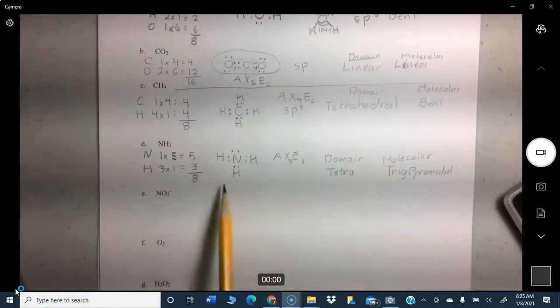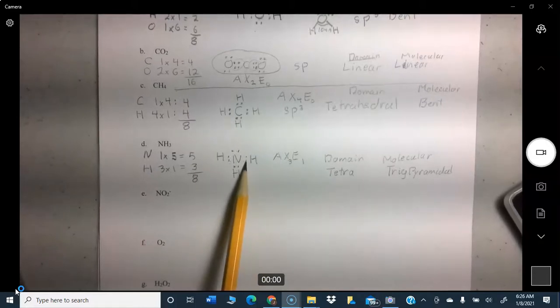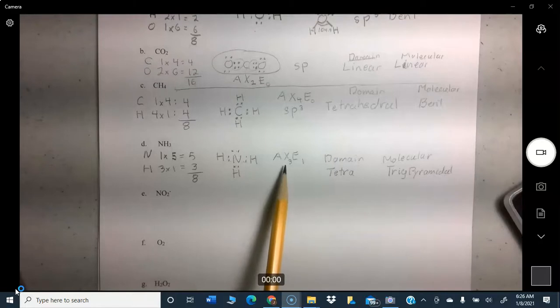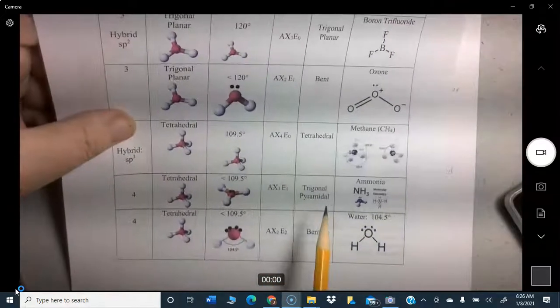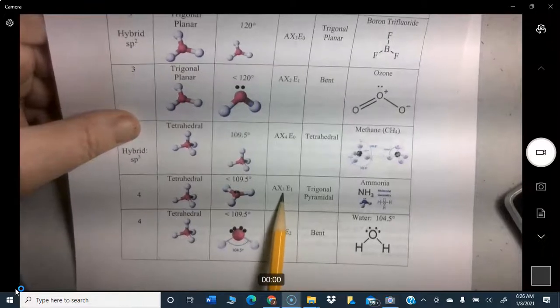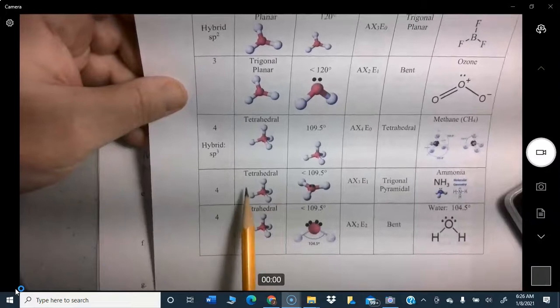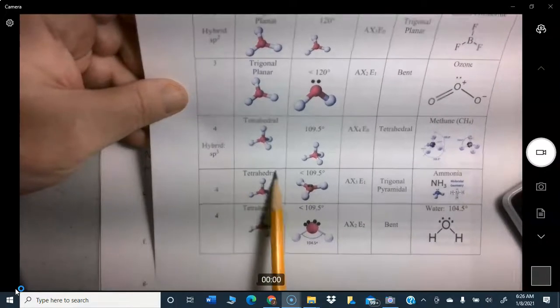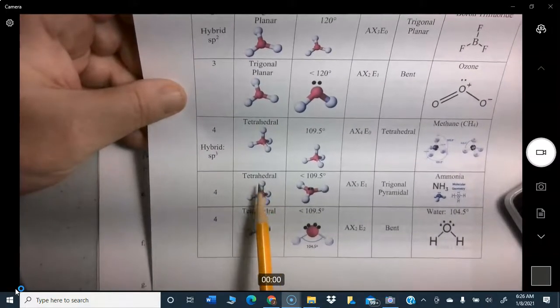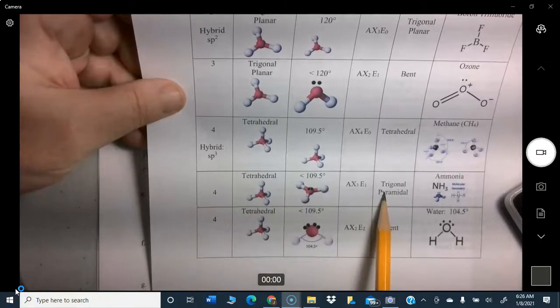Okay, so we drew our Lewis dot structure. We see that it has three bonding pairs and 1 lone pair, so we write that as an AX3E1. We come over to our chart and we have that right there. So since there's 4 domains, electron domains, it's part of the tetrahedral family, 4 domains, but its actual shape is trigonal pyramidal.